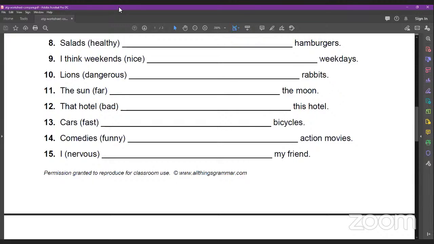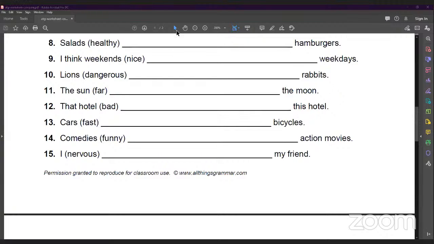Let's continue. 14 and 16. Last students, come on. Another one for 14 and 16. Sony's comedies are better than action movies.